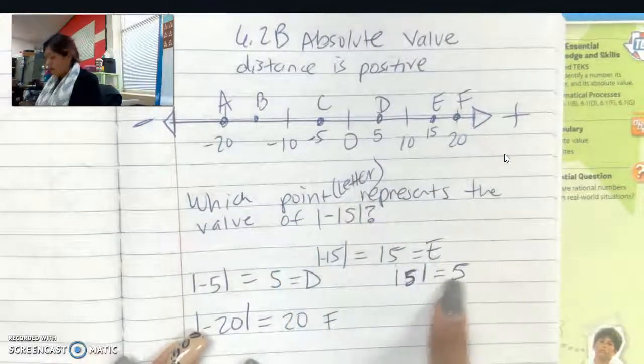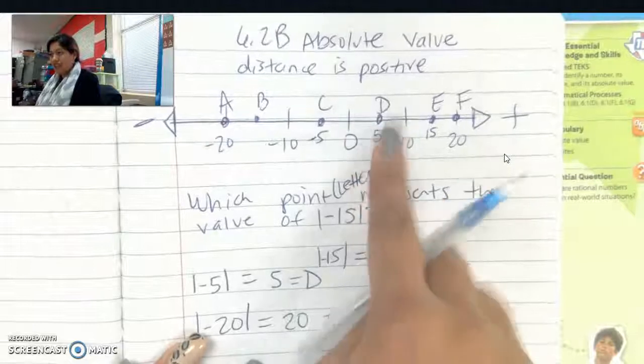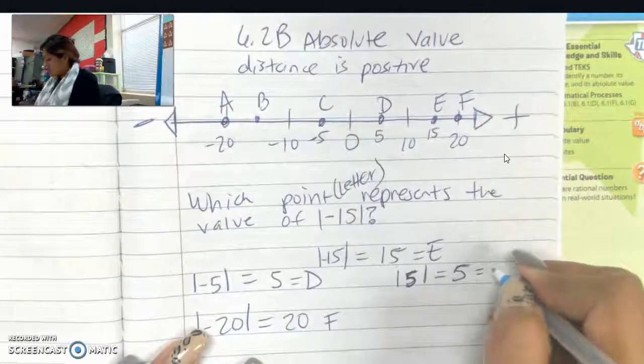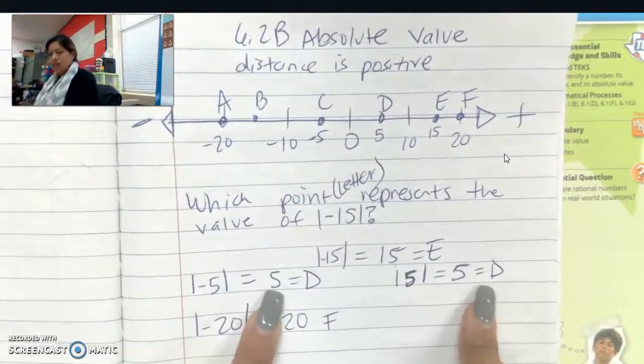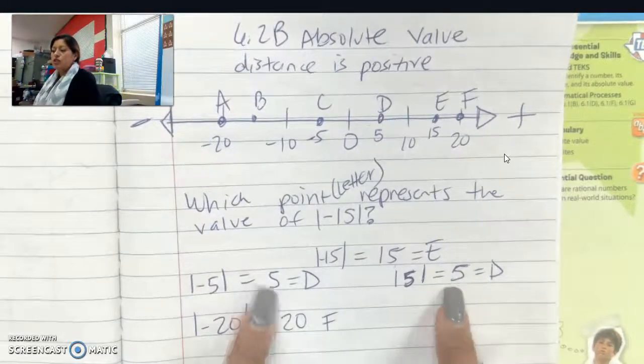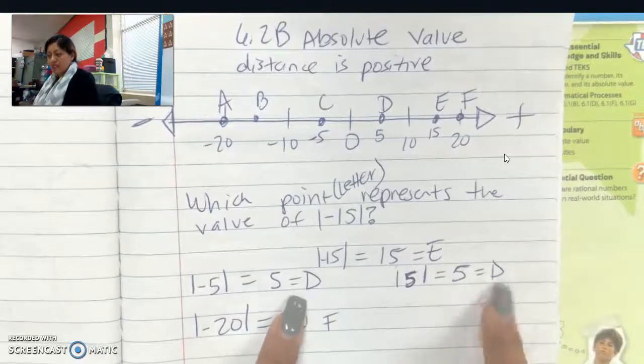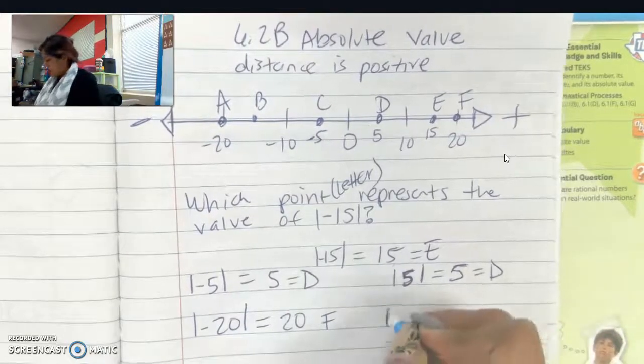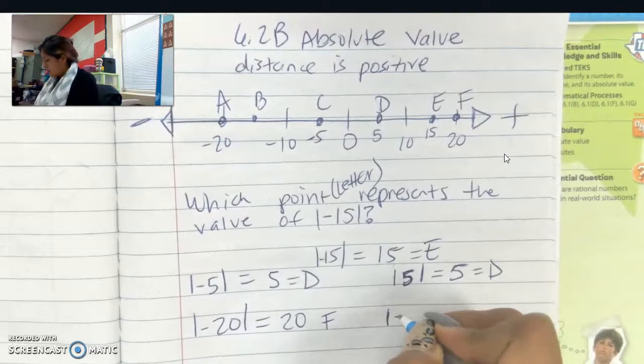Oh, no, but hold on. This is positive, so it's still got to be D. It has to still be D. So how come these are the same answer? This one's negative. This one's positive. Well, because the answers are both positive, and that's right, guys. It's D.